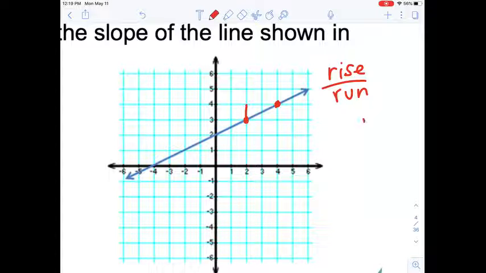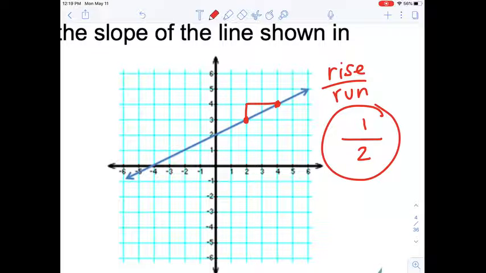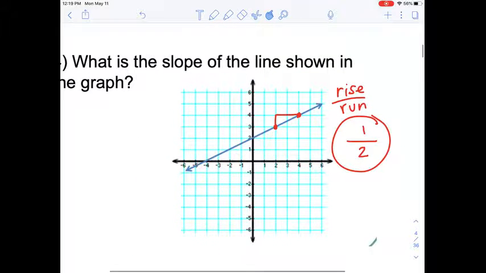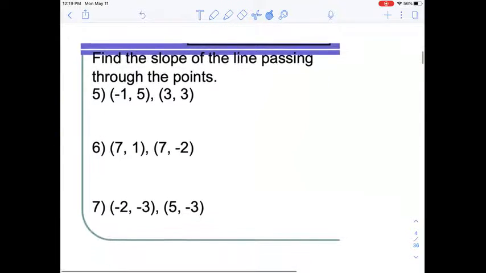So I'm going to start with this bottom point. My rise, I have to go up 1. So that's going to be a positive 1. And then my run is how far left or right I have to go. I have to go to the right 2. Since I'm going to the right, it's positive, so it's going to be positive 2. So now I have my slope of 1/2.